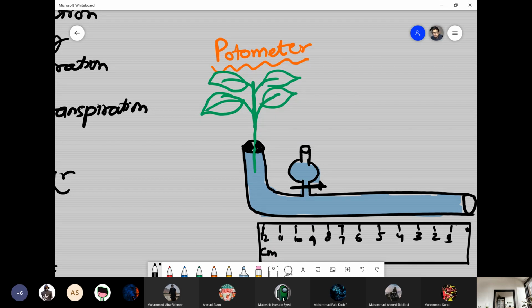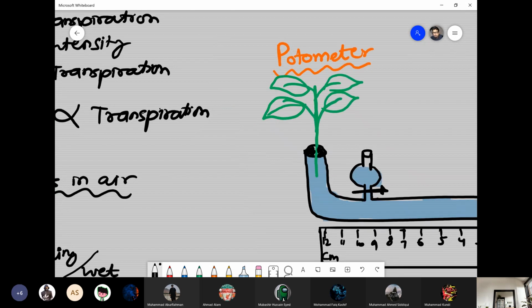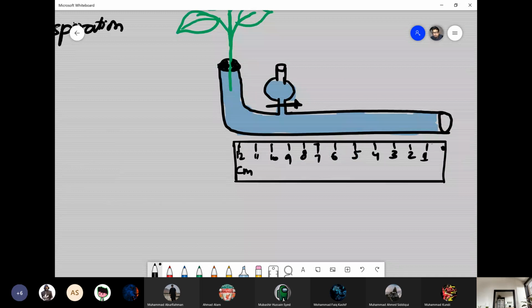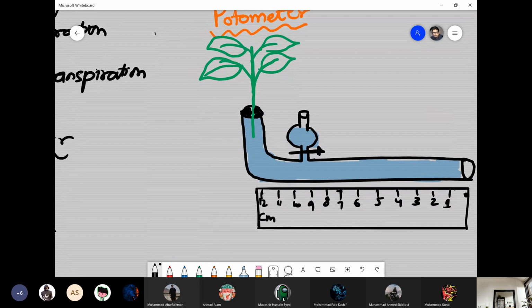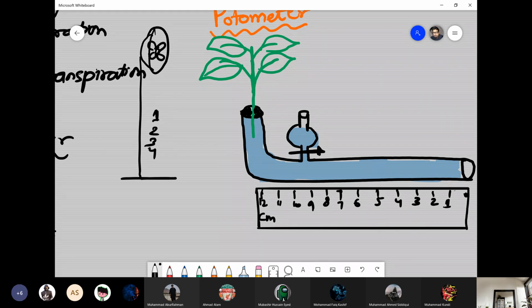Now, boys, we can now use different factors to study the rate of transpiration. Let's suppose that I put a fan in front of it over here. Now you guys know the fans have different speeds, 1, 2, 3, 4.